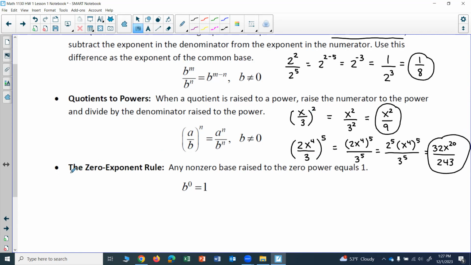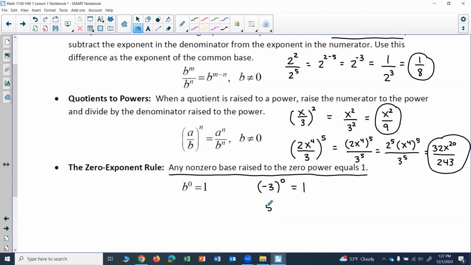The last one for this video is the zero exponent rule, which says that any non-zero base raised to the 0 power equals 1. So for example, if I had parentheses -3, close the parentheses and raise it to the 0 power, that will equal 1.